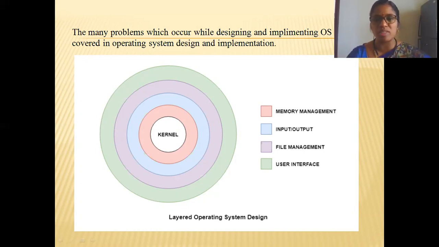Next file management. Next is the user interface. With the user interface, the operating system provides the services to work with the machine. So like this, the layered approach is followed in the operating system. The design is done like this.